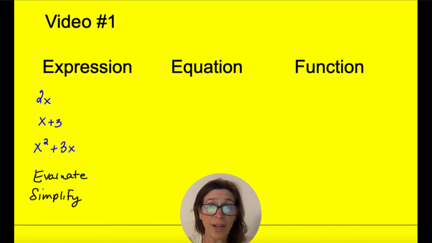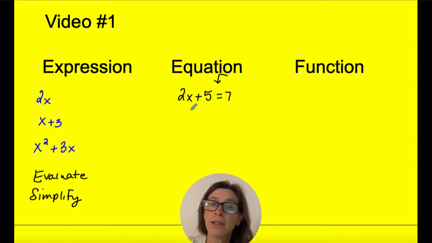Now, equations are different, okay? So equations, we do actually solve. For now, I want you to think of an equation as having one variable. So maybe like 2x plus 5 equals 7, and it has an equal sign. And the value you get for x when you solve an equation is going to make the math sentence a true statement.